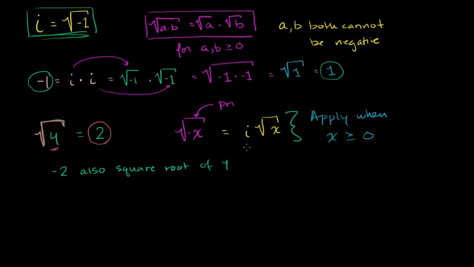And if you look at it this way and say, hey, i can be the square root of negative 1 if it's the principal branch of the complex square root function, then you could rewrite this as the square root of negative 1 times the square root of x. So really, the real fault in this logic, when people say negative 1 can't be equal to 1, is using this property when both of these are negative numbers.